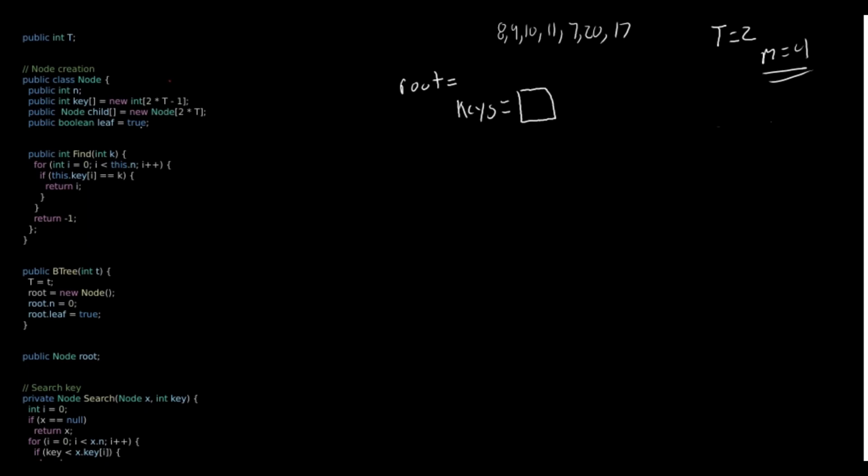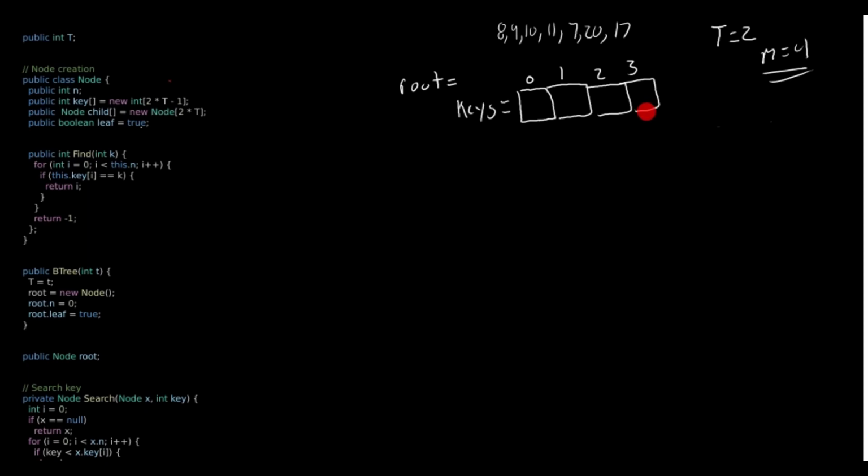Keys 0, 1, 2, 3. Alright, these are the keys. And right here, I know it's supposed to be 0, 1, 2, since the order is m equals 3, and we should have only 3 keys in our array, but we just need this one here.